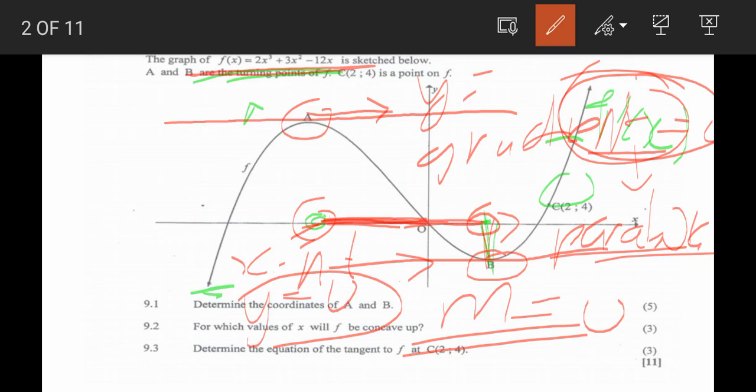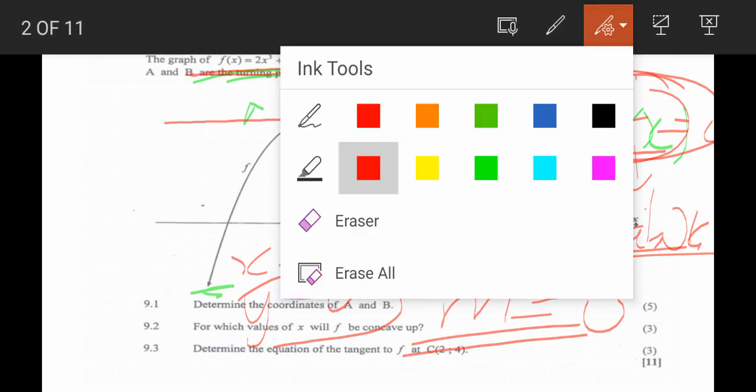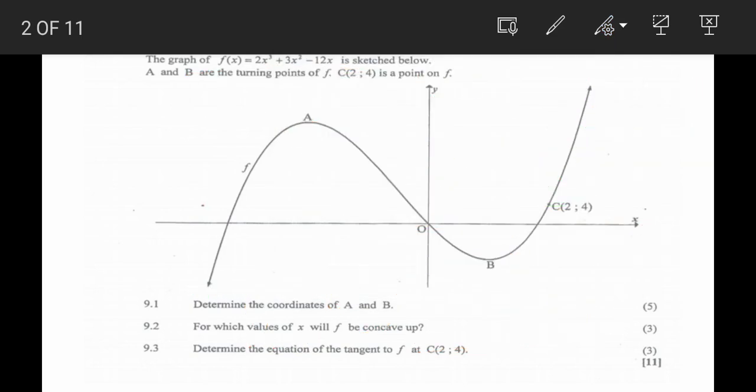So that's why, every time we calculate the x-coordinates of the turning points, we equate our gradient graph to 0. I think we all get that. Now let's get to the calculation part. We have 9.1, determine the coordinates of A and B. So we already know what to do.